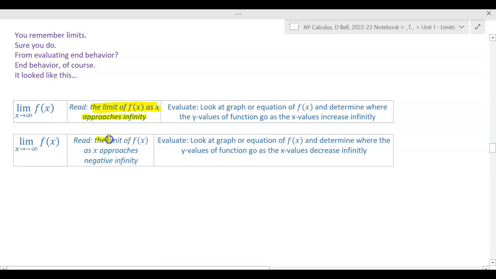And then we have the limit of f of x as x approaches negative infinity. Again, we look at the graph or the equation and determine where the y values of the function go as the x values decrease infinitely.